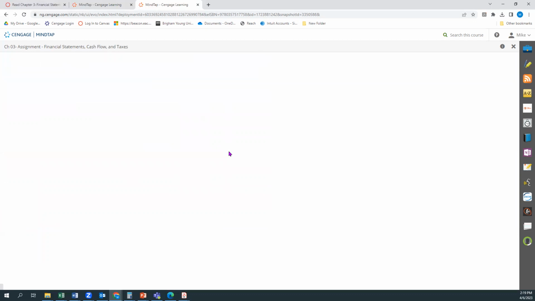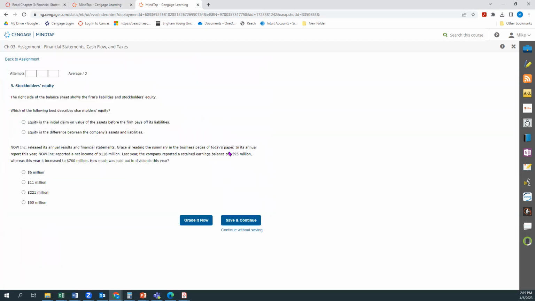Stockholders' equity. I mentioned earlier that stockholders' equity is just the amount of the business that belongs to the shareholders or the owners of the business. And remember, I told you that assets equal liabilities plus equity. And so this says, which of the following best describes shareholders' equity?